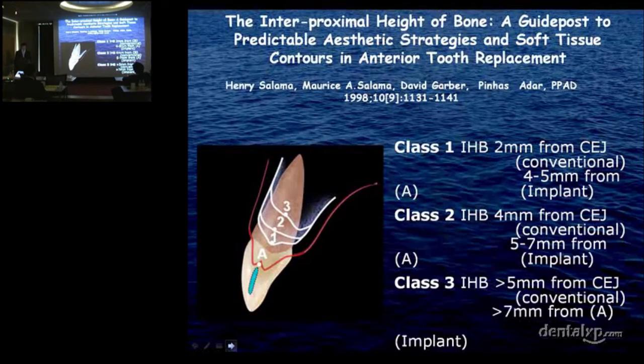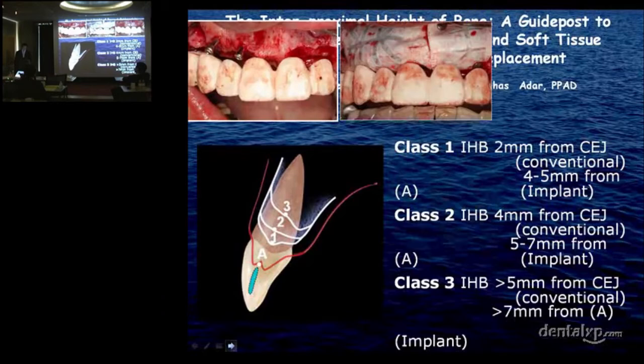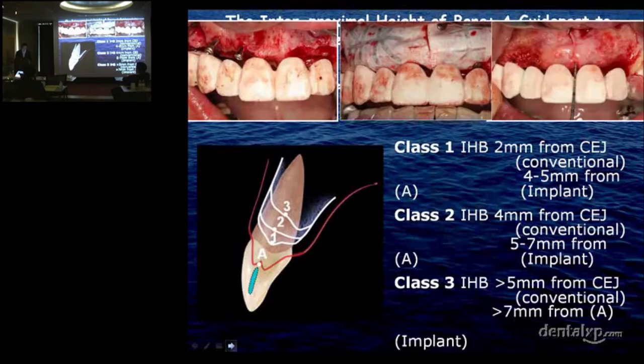Dr. Salama et al.'s IHB classification gives us guidelines to create optimal papillae. I think that we should aim to establish a Class 1 IHB.